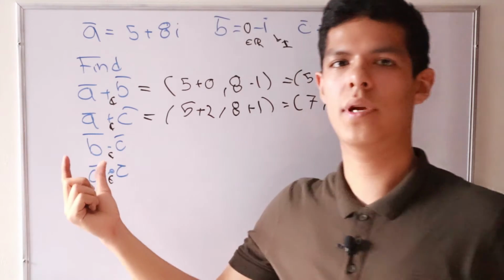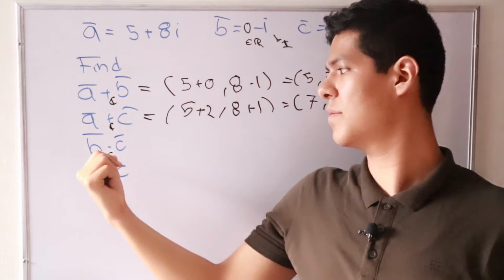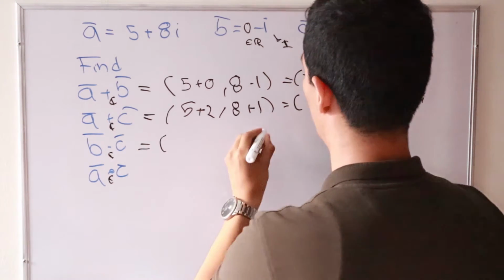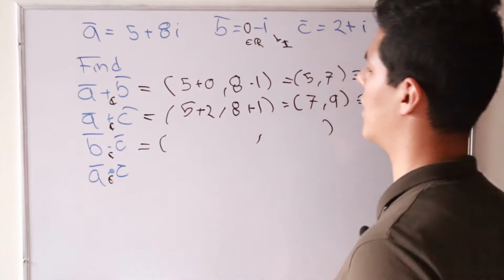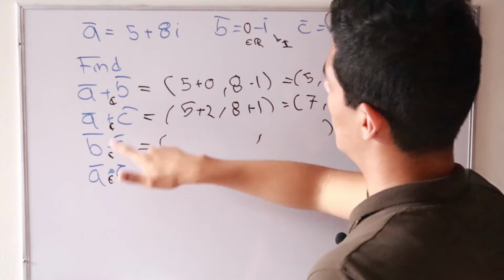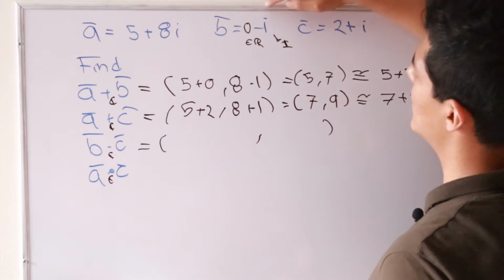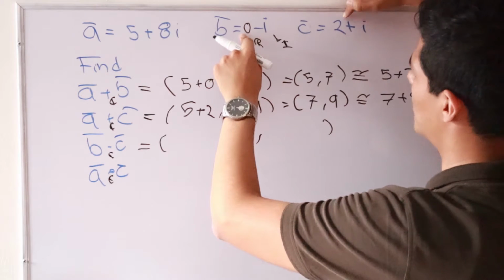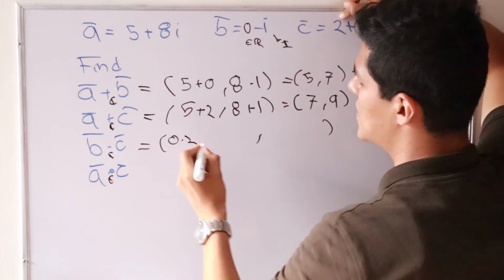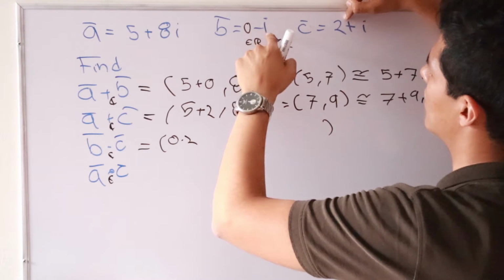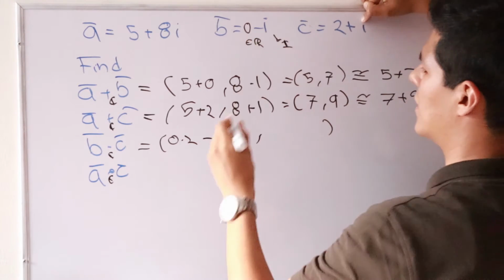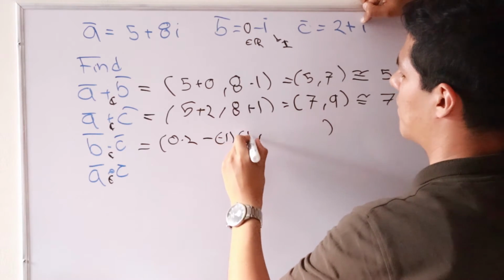In the other one we need the products, b times c and a times c. Remembering, guys, this is much larger than the sum. So for b times c, we need to multiply the first one by the first one, so it is 0 times 2, and then minus 1, and this is 1.